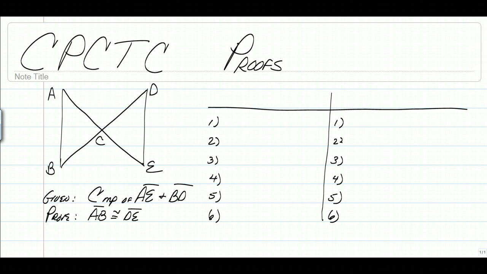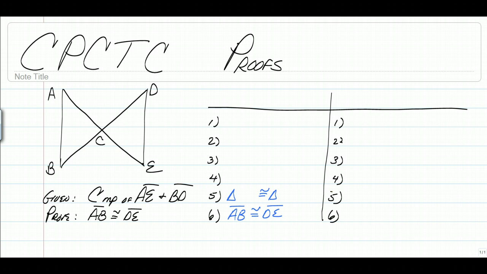So, what we would normally do is finish with congruent triangles. But since we're not proving triangles congruent for our final step, it is AB is congruent to DE, which means our triangles are going to need to be congruent the step before.